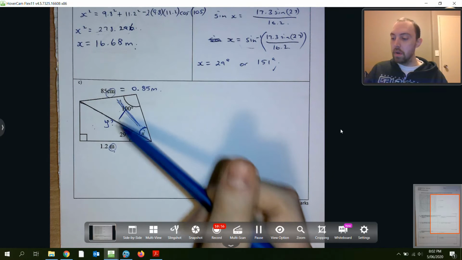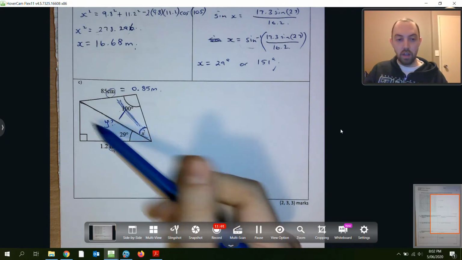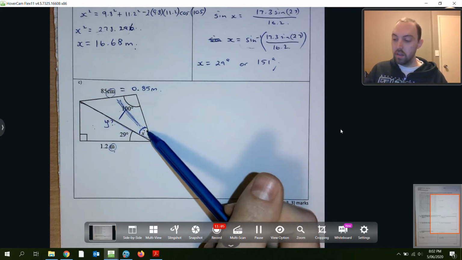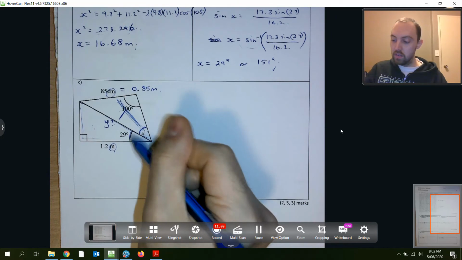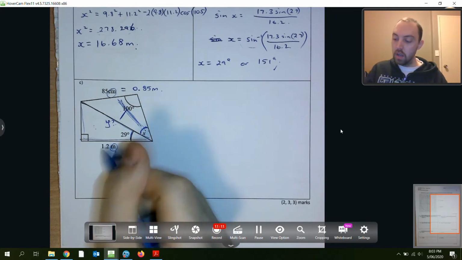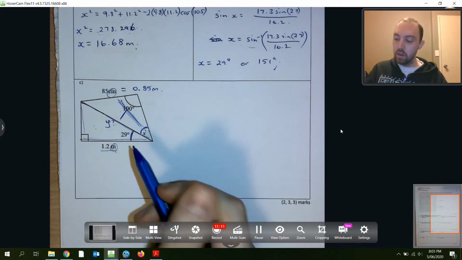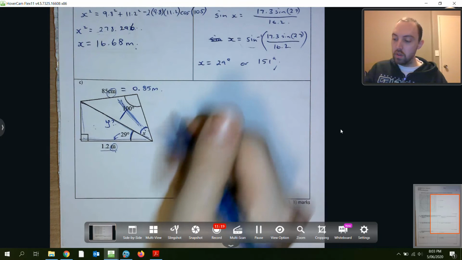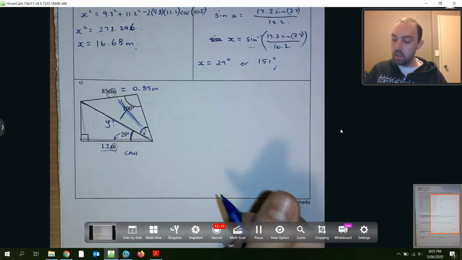So let's go back. If I can find out this side, then I can use my sine rule to find x. So I have a 90-degree angle triangle here with an angle and a side, so I should be able to find y using SOHCAHTOA. I need to use adjacent and hypotenuse, so I'm using cos, CAH, adjacent, hypotenuse.